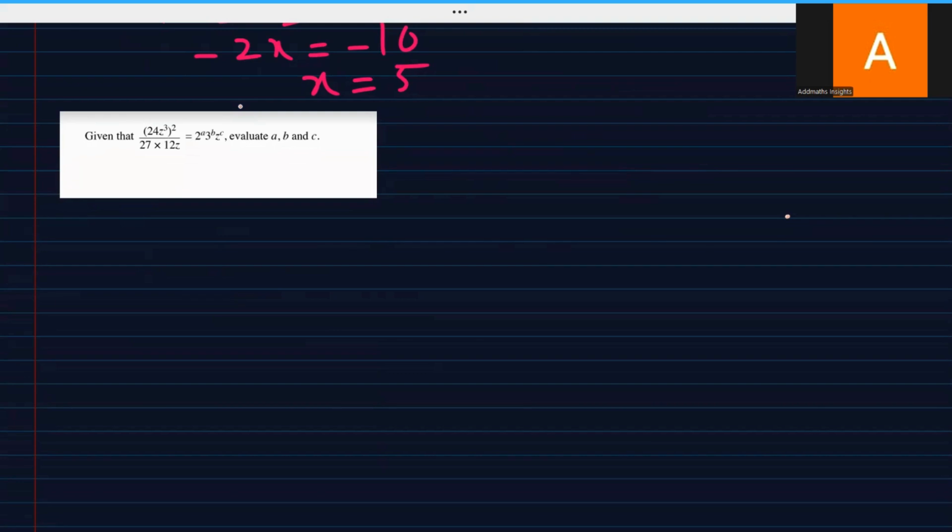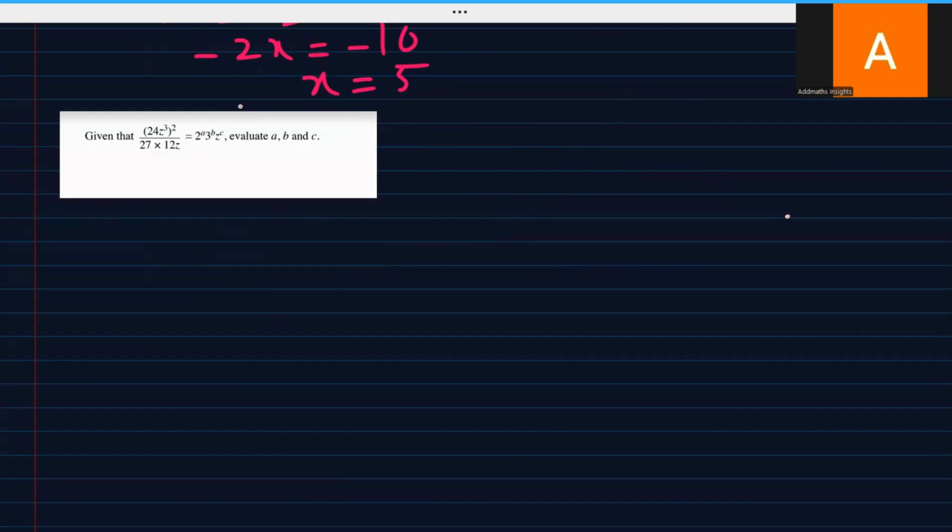In such questions, again we use the same technique of making the bases same, but it's really hard to change 24 into 27 or 27 into 24 or 12. So first you need to factorize these numbers. You can express 24 as a product of its prime numbers, 27 as a product of its prime numbers, and 12 also.